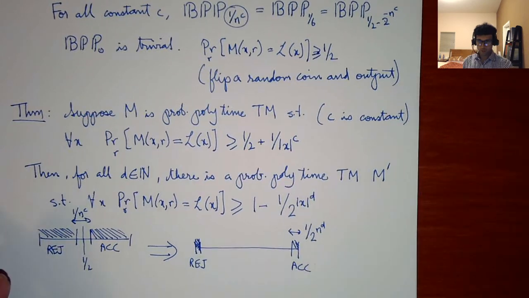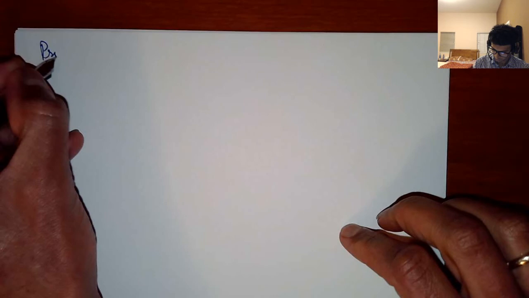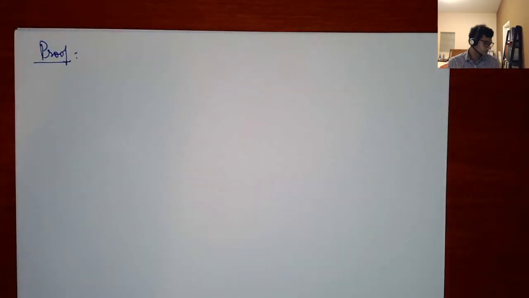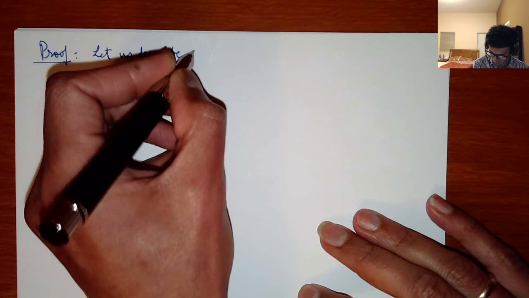So now let's give the proof of this theorem. The algorithm may be something that you've guessed. So let us describe this machine M prime.